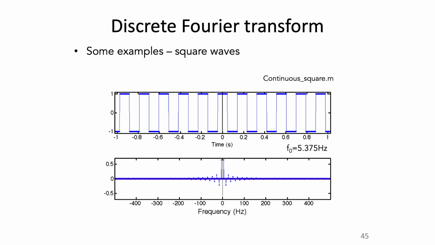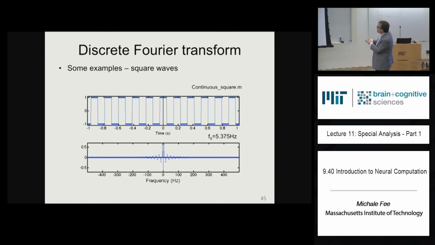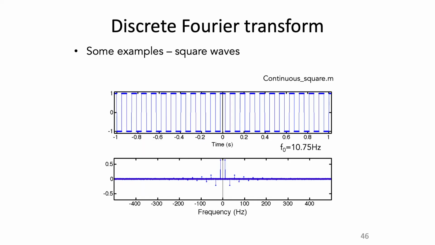Okay? The power spectrum of this, oh, and one more point, is that if you look at the Fourier transform of a higher frequency square wave, you can see that those peaks move apart. Okay?